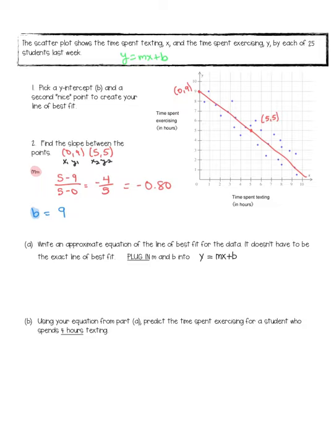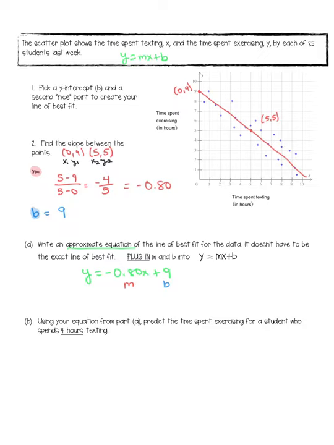I'm going to write an approximate equation. y equals negative 0.80x plus 9. That's using the m I found and the b I found.